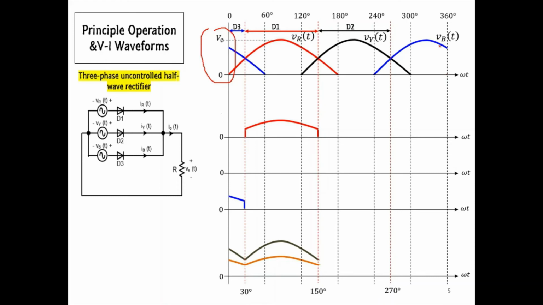Therefore, diode D3 will turn on once again. Based on these conduction ranges and the previous circuit analysis, we can sketch the line currents, output current, and output voltage waveforms as follows.